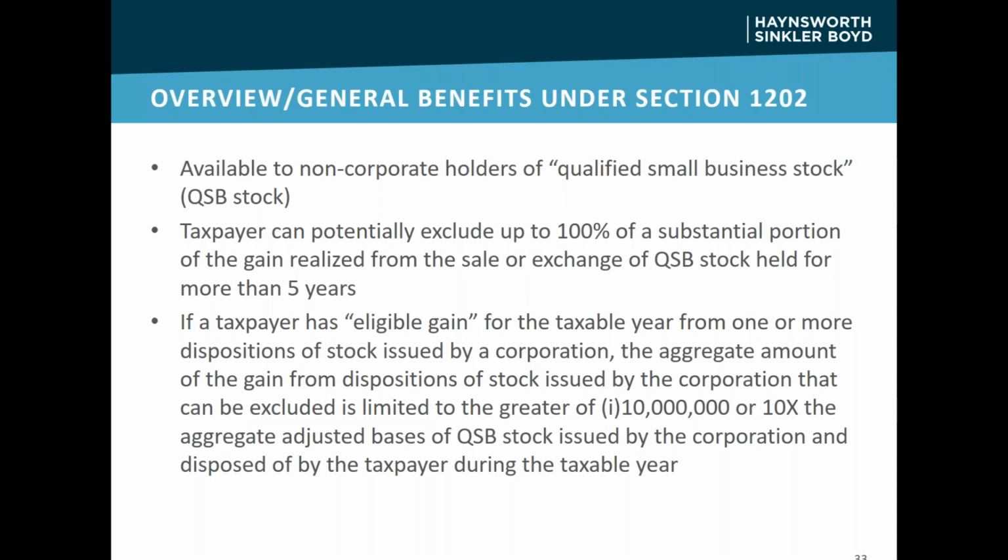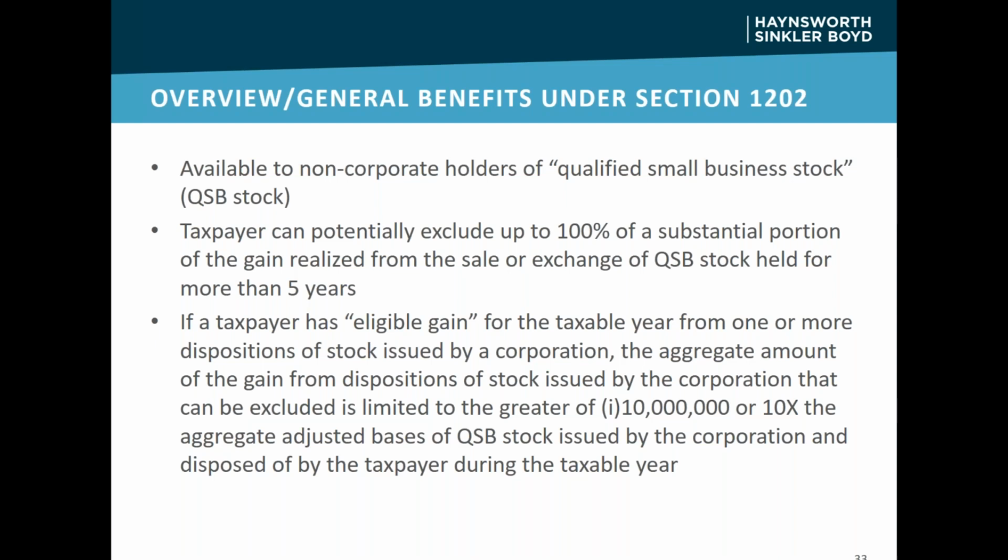If the stock was issued before February 18th, 2009, the exclusion is limited to 50% of the gain. If the stock was issued between February 18th, 2009 and September 27th, 2010, up to 75% of the gain can be excluded. And if the stock was issued after September 27th, 2010, up to 100% of the total gain for all qualified small business stock may be excluded.